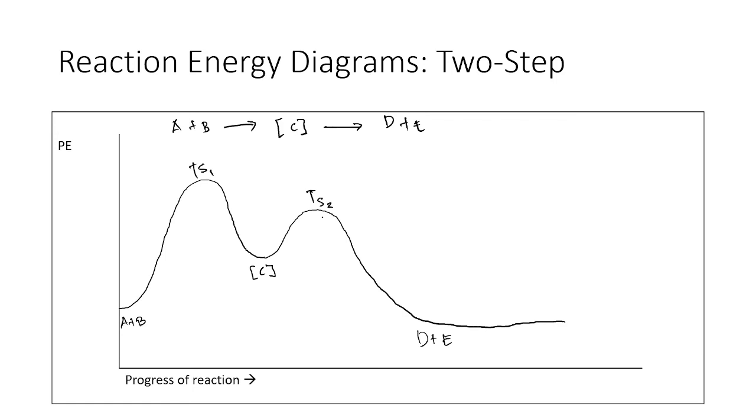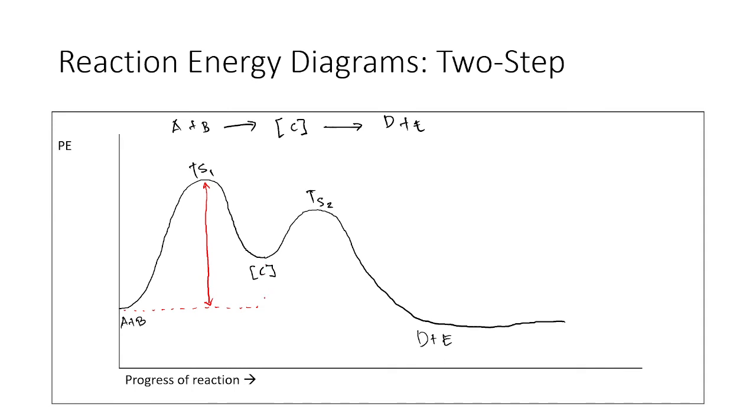Meaning to say, according to this energy diagram, from this potential energy of A plus B, our reactants and our substrate, we will need this much energy before our A and B bonded or react to each other to form what we call our C.